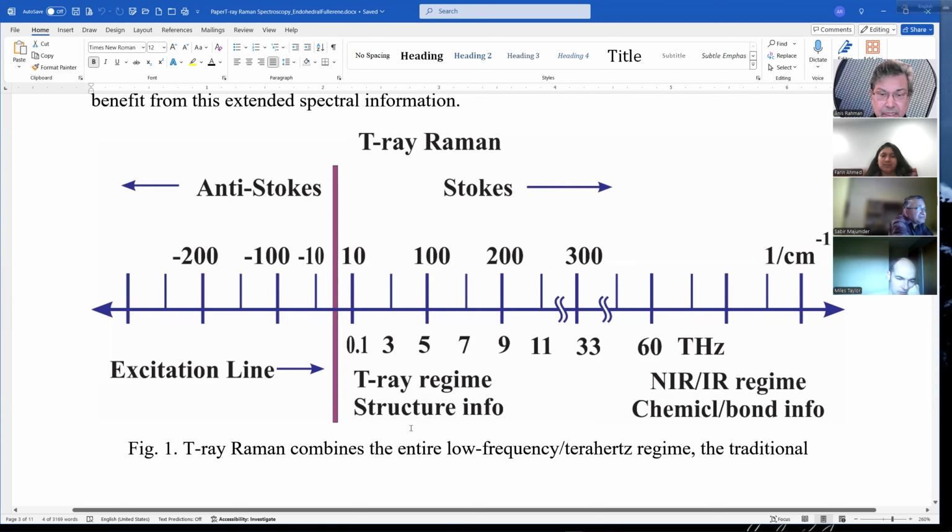As such, you can have anti-Stokes lines as well as Stokes lines. In regular Raman, they deal only with the Stokes lines. So anti-Stokes lines may be useful in some cases. I haven't seen any, but scientists think that it could be useful as well.